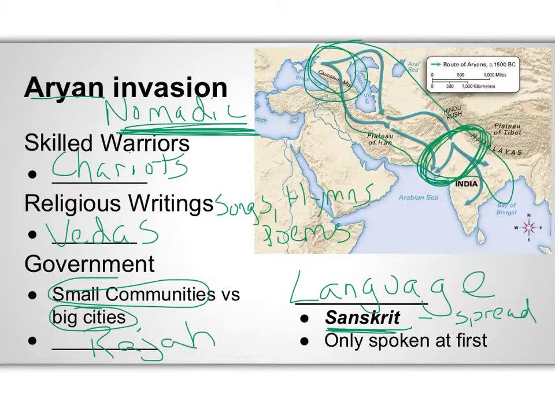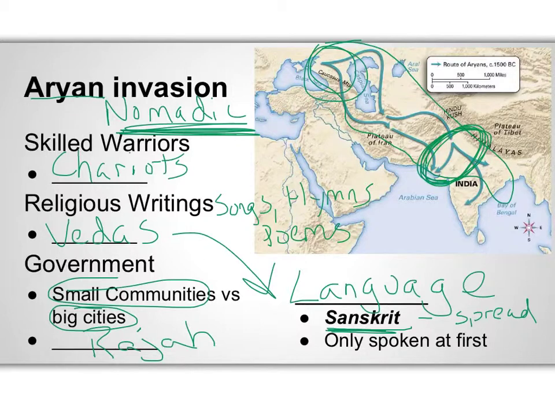So the Vedas were spoken in Sanskrit. But eventually the Aryans and the later civilizations started to write Sanskrit down, and so today the Vedas are still around because they were written down. We still know the ancient Vedas because they were written down.